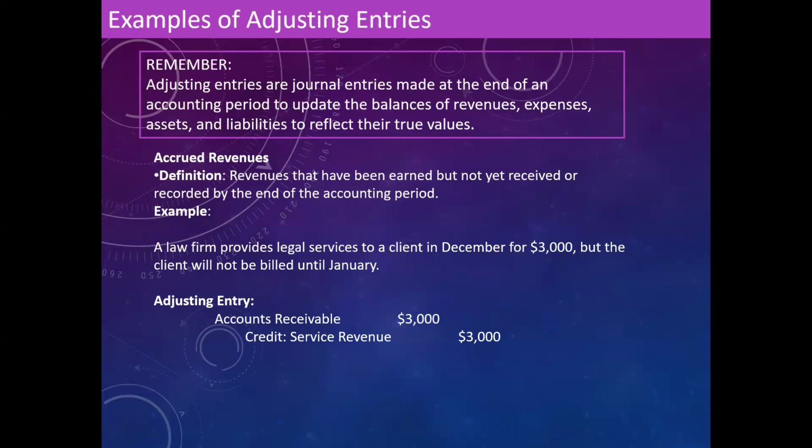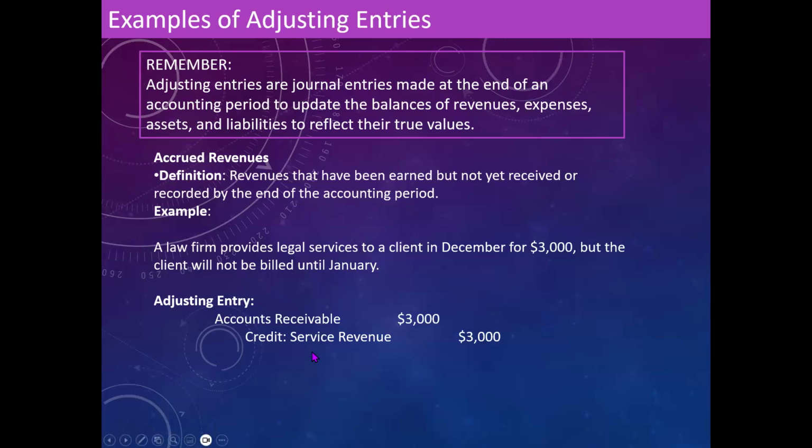Okay, so here's our accrued revenue. Here's the example. A law firm provides legal services to a client in December for $3,000, but the client will not be billed until January. So we've earned the money in December, but we're not going to actually get the money until the future. We need for our revenue to be correct on our income statement and our accounts receivable to be correct on our balance sheet at the end of the year.